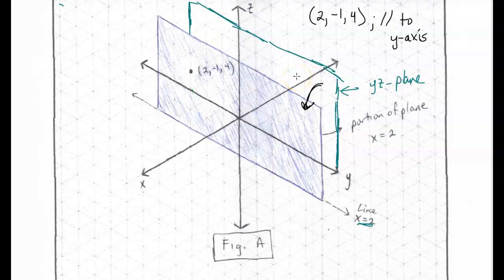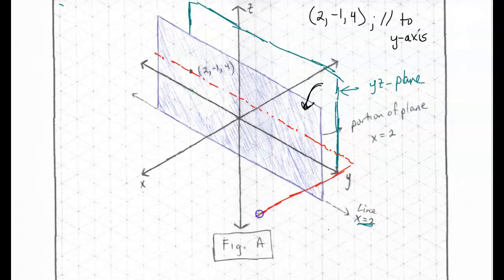Okay. Now, notice that the reason why this is ambiguous is because this point can also lie on another plane that's horizontal. Okay. To be specific, I'm going to use this as a guide here, but I'm going to draw a plane that is horizontal to this one as well.